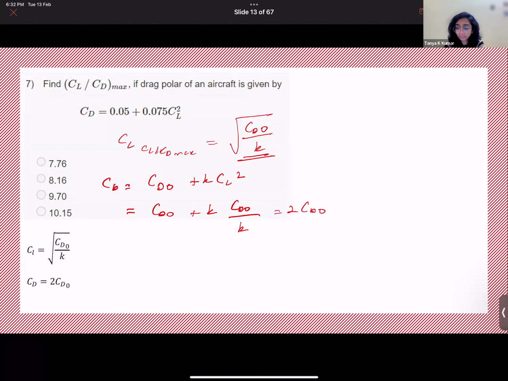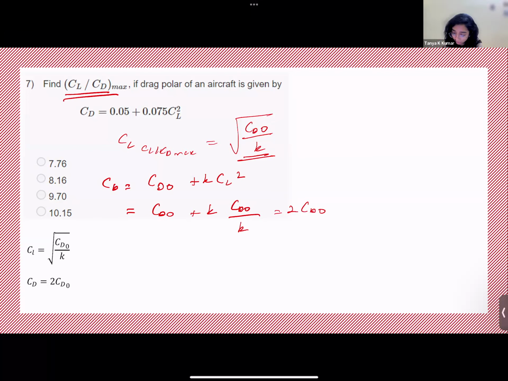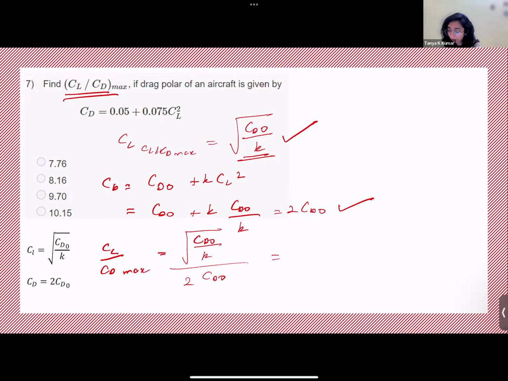Now they've asked you to find the ratio CL by CD max. So just take the ratio of these two. So CL by CD max would be this quantity upon this quantity. So it would be under root CD naught by K by 2 CD naught. If you simplify this, you get 1 by 2 square root.